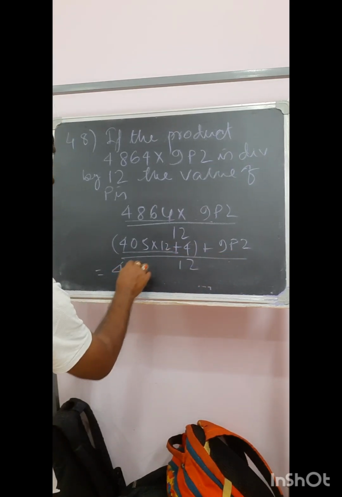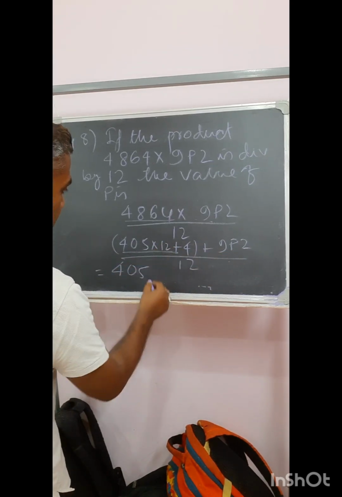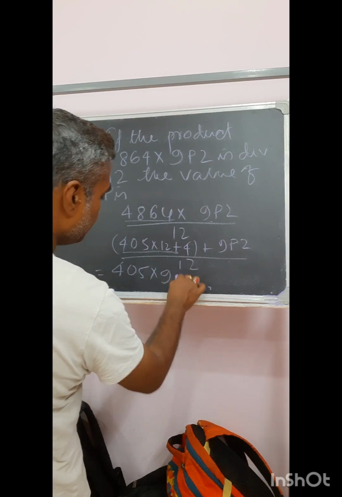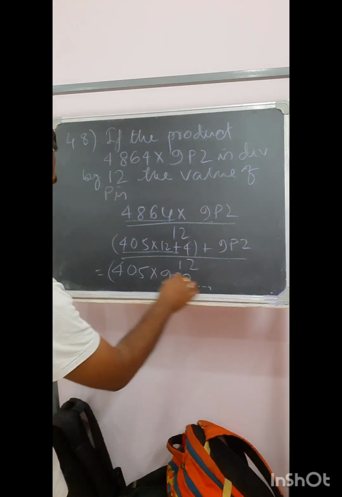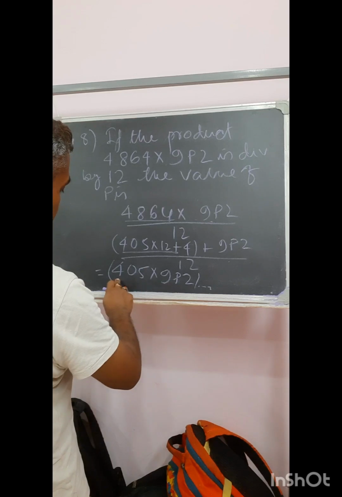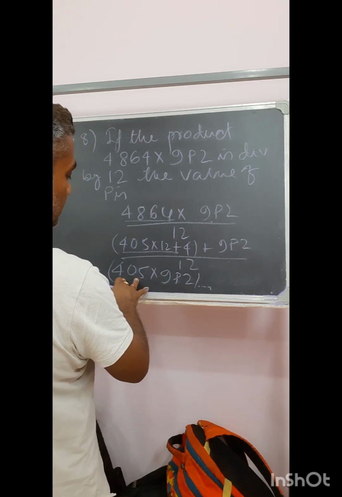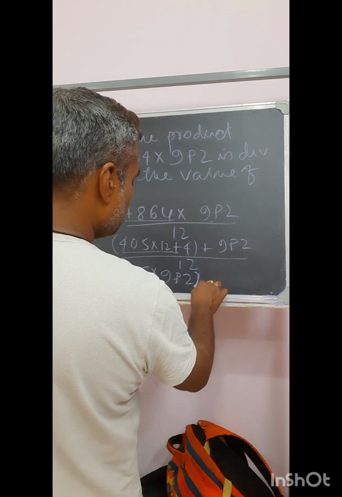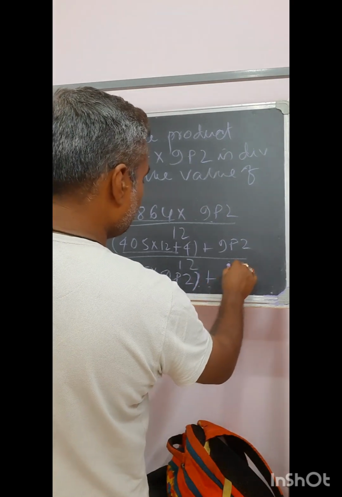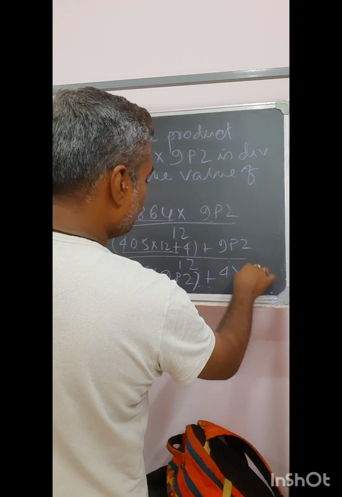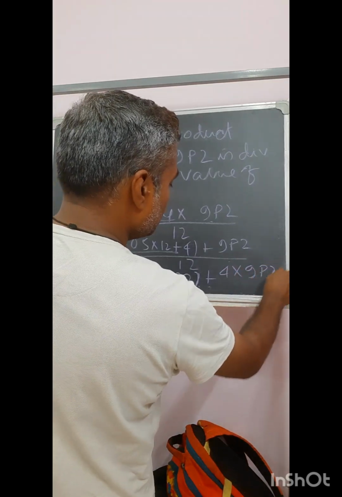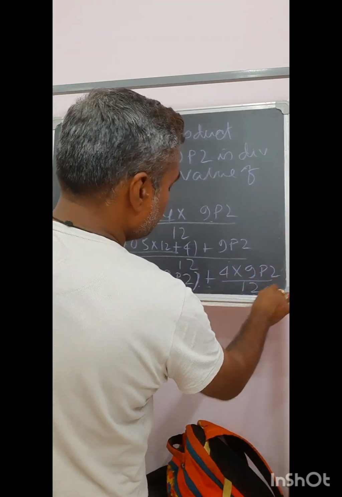Now if I divide this number into two parts, the first part is 405 into 12 divided by 12, so the 12 will be cancelled out and I will remain with 405 times 9p2. You can see this number is definitely an integer, because whatever the p value is, integer multiplied by integer gives an integer. So this part doesn't have a problem. The remaining part, which contains 4 into 9p2, has to be divided by 12.